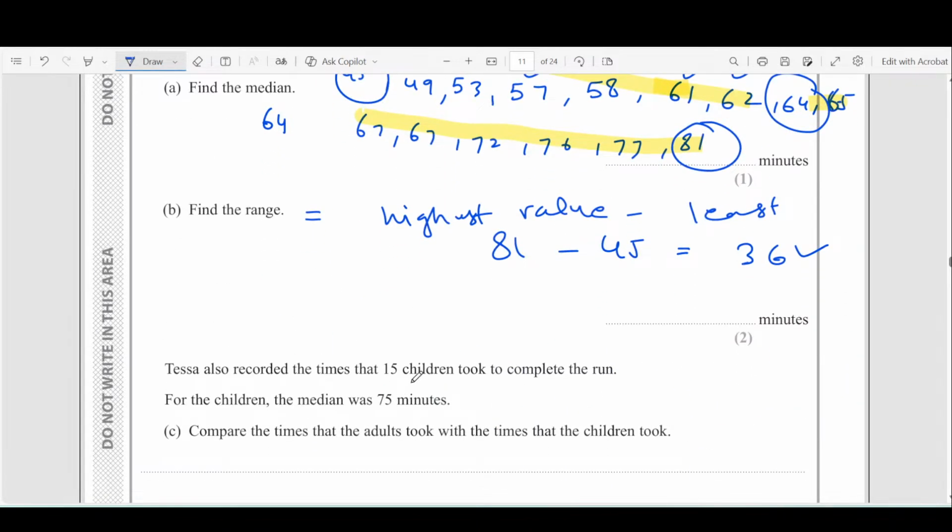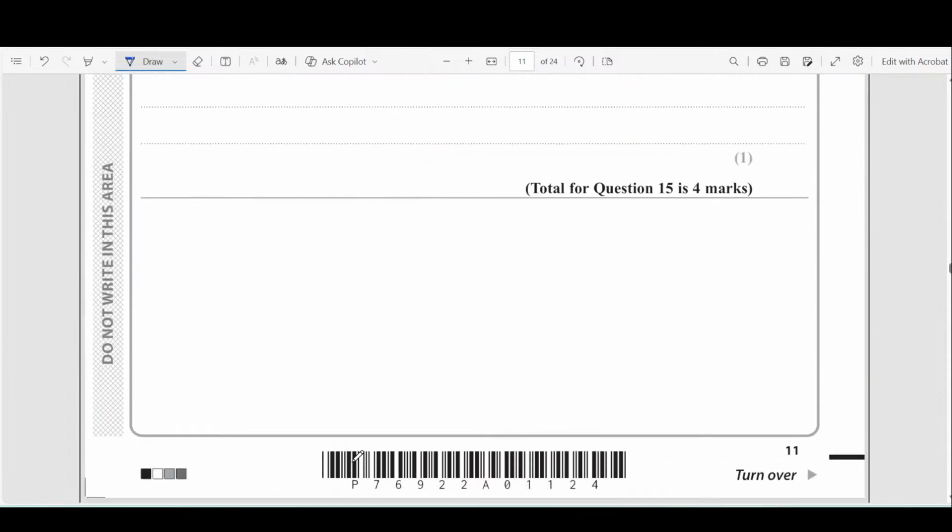And this is for children. The median here is 75, but here you see it's 64. So comparing, you can just take the difference, 75 minus 64, so children took 11 more minutes than adults, right?